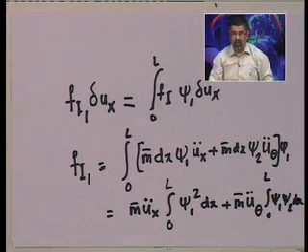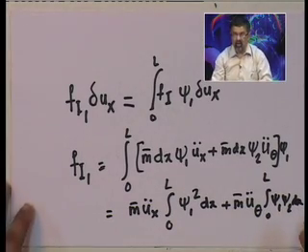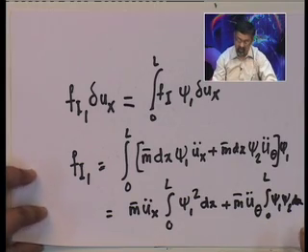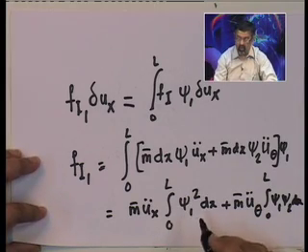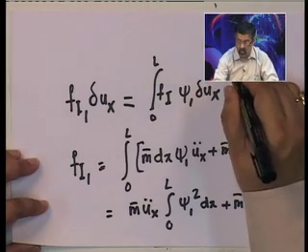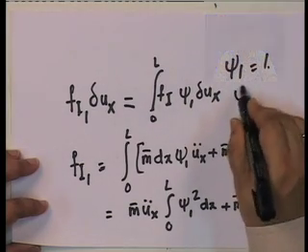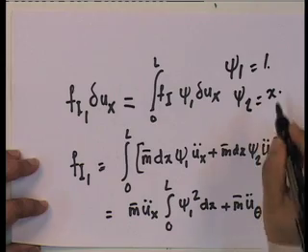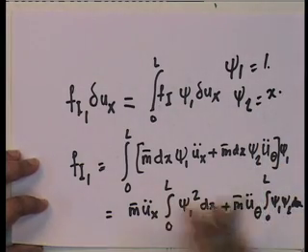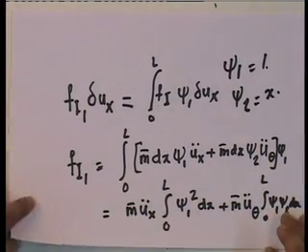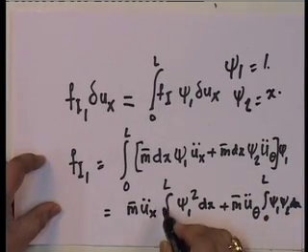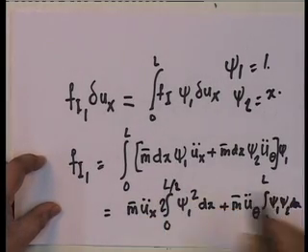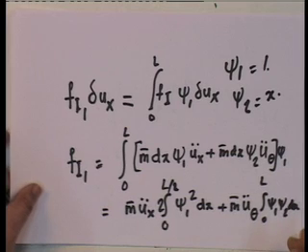This just comes out from there. And what was xi 1? Remember, xi 1 was equal to 1 and xi 2 was equal to x, with the integral from 0 to L by 2, taken twice.